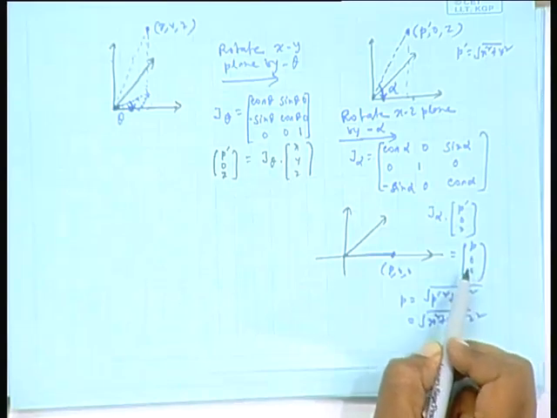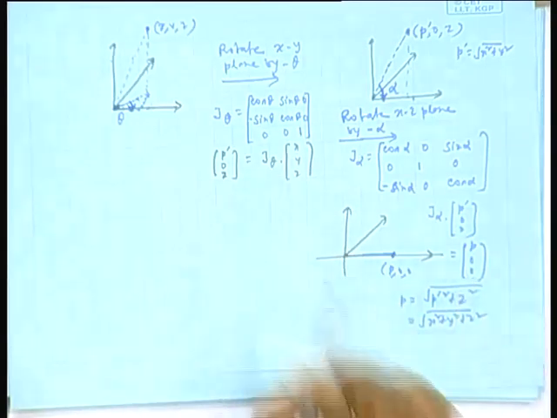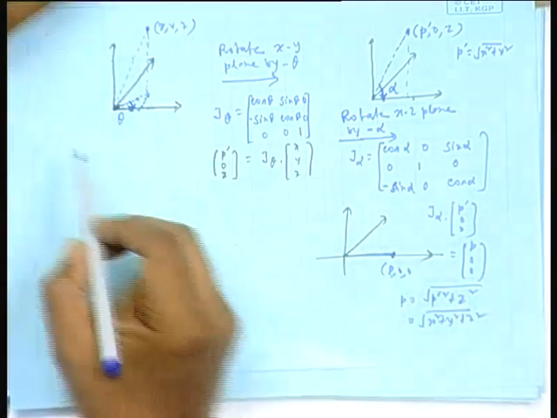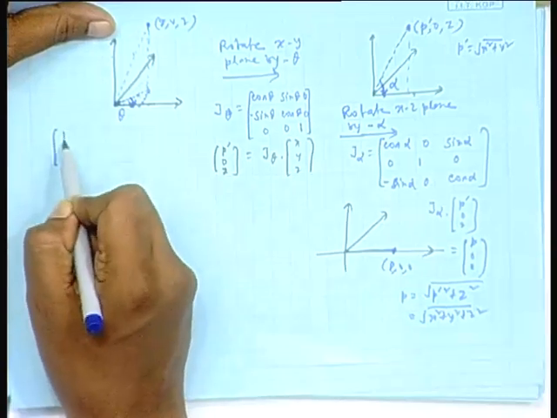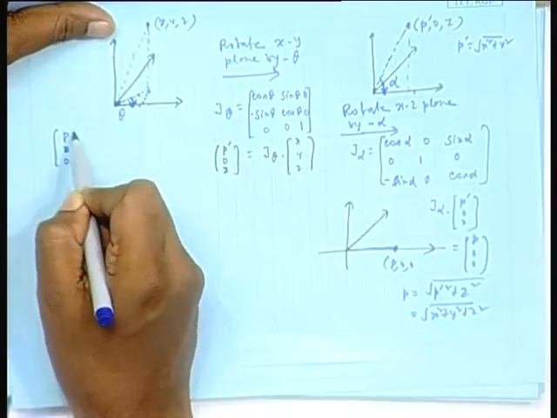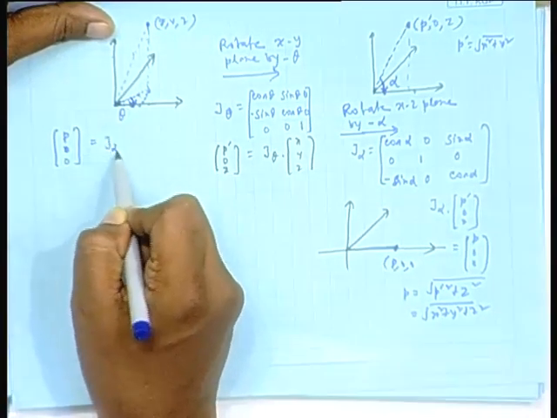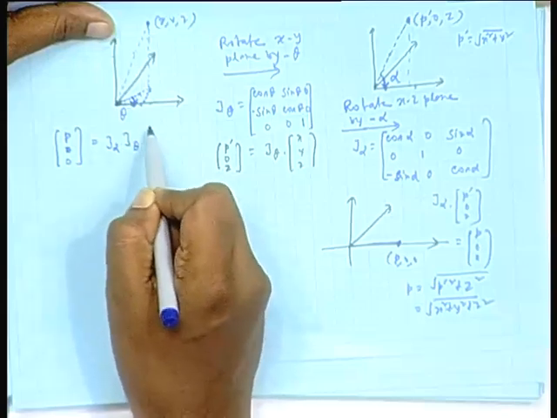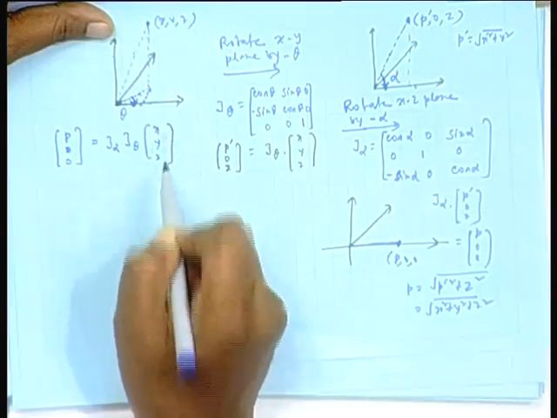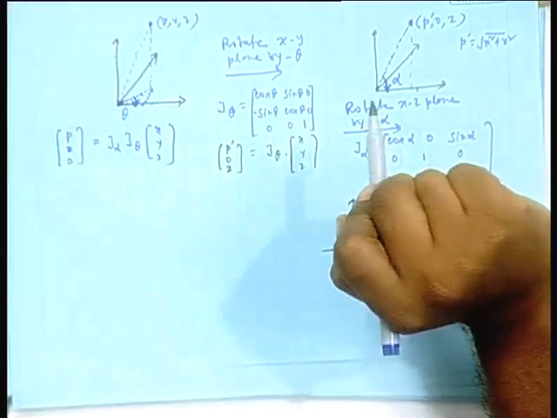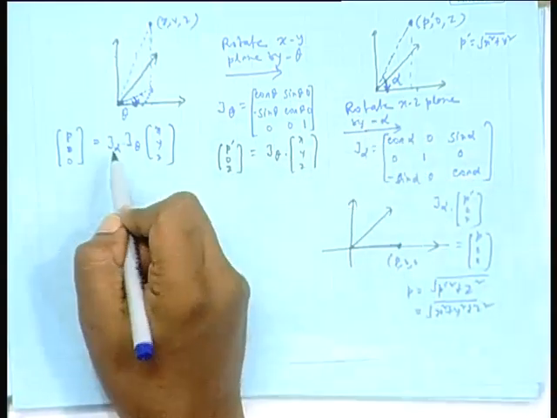All right. So, obviously, you can now write p 0 0 is j alpha j theta times x y z. These are matrices you can put here.